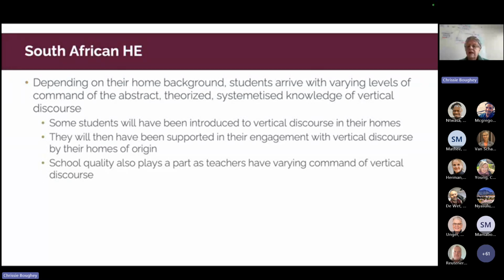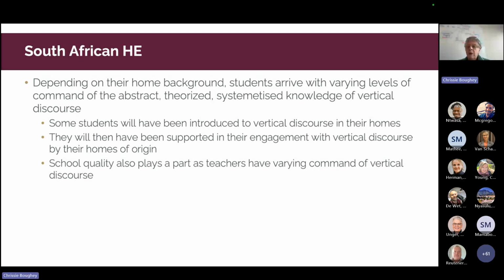He was providing this explanation in the house. And of course, if you think about it, he, and her mother as well, would have explained other things in the world around my granddaughter in the same way, using this abstract, theorized, systematized knowledge.